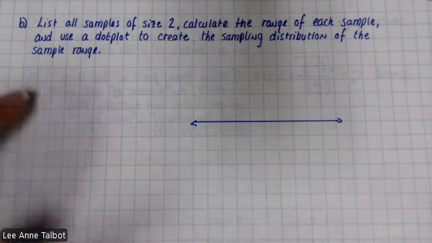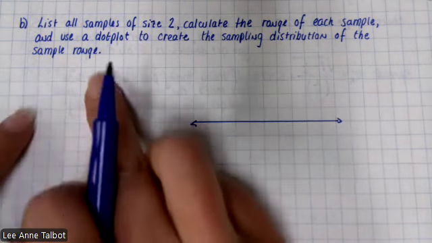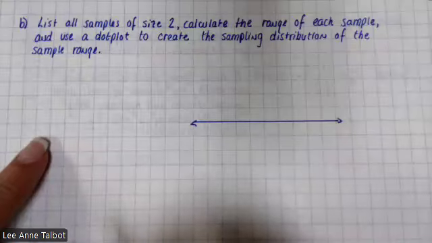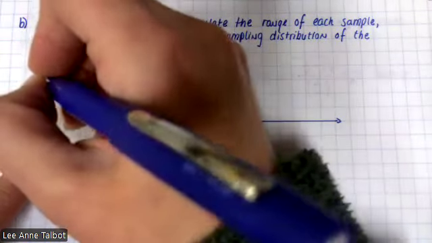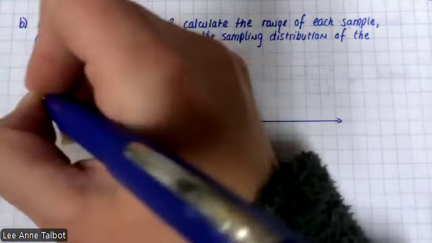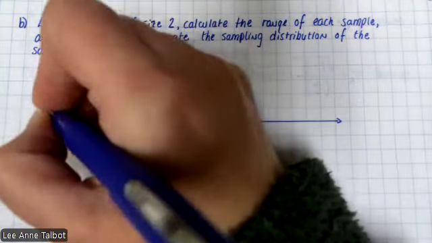Okay. So does it make sense, guys? Does it make sense to you that the list is gonna be the same? Okay, so you could have the 71, 75, 71, 72. I'm just copying off of my previous work.